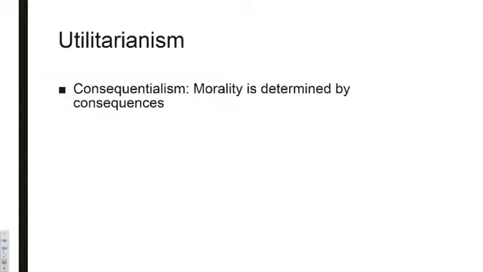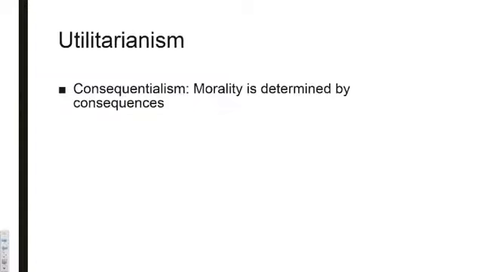Consequentialism says that morality is determined by the consequences of the action. Okay? Consequentialism says that the part of the action that makes the action right or wrong is the consequences. So murder is wrong if it brings about bad consequences.